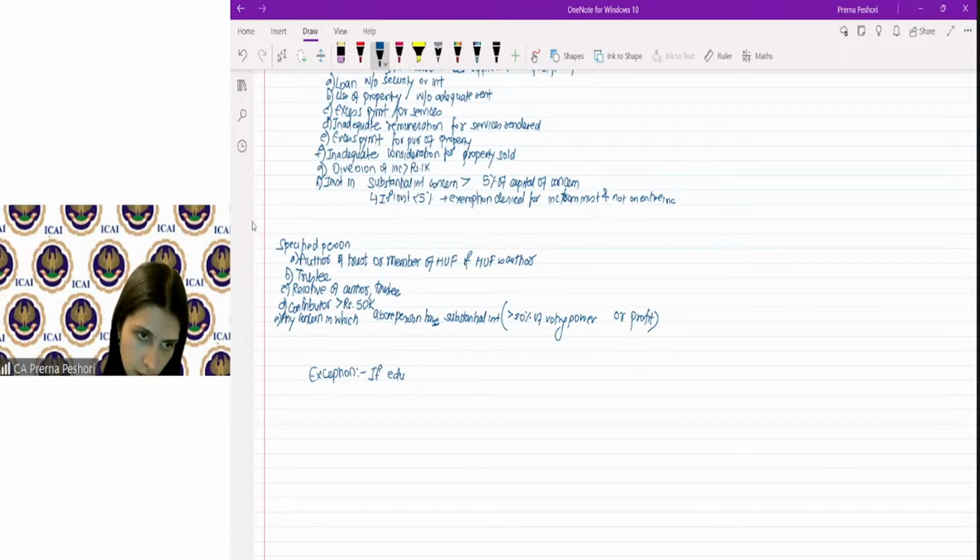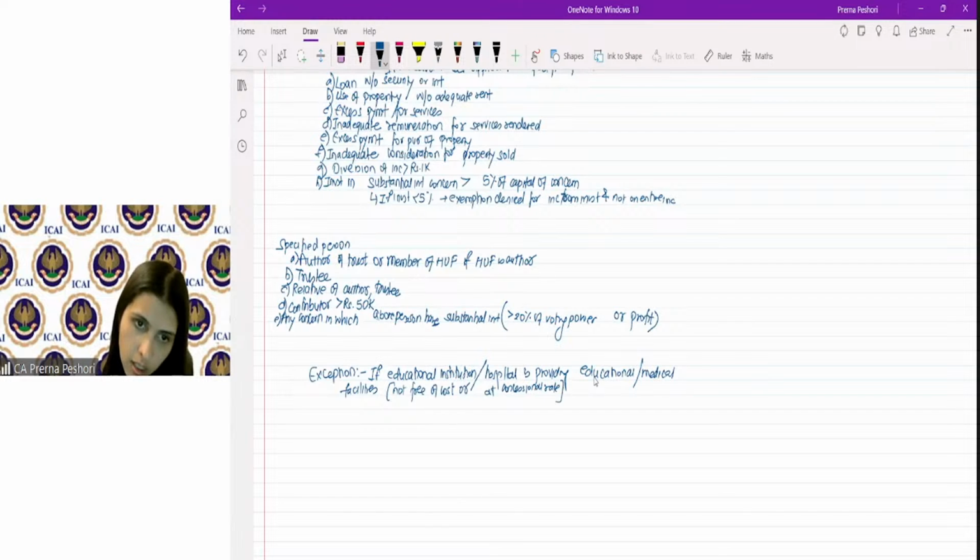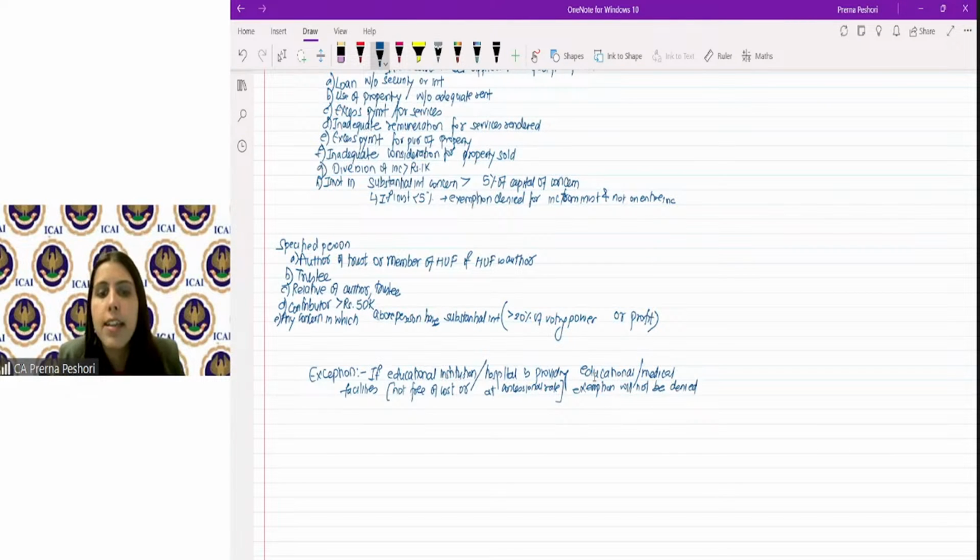If the educational institution or the hospital is providing educational or medical facilities not free of cost or at concessional rate, exemption will not be denied. Okay, exemption will not be denied.